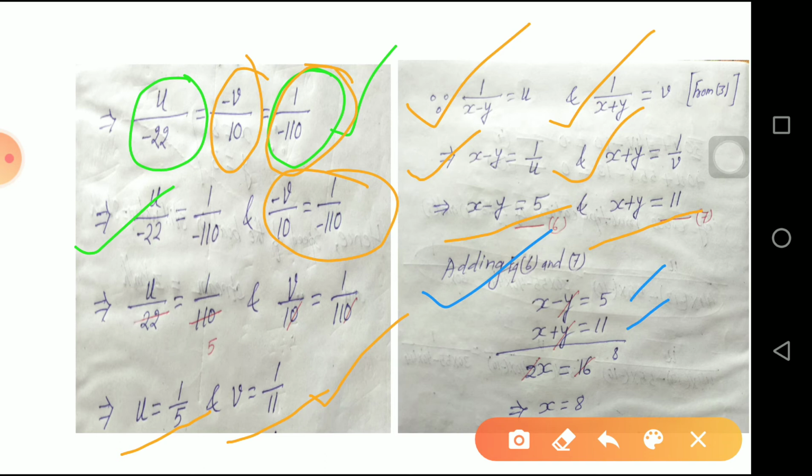Now this is which method? Elimination method. So eliminating y, we have 2x equal to 16. This implies x is equal to 8. Now if we put the value of x in any equation 6 or 7, then we will find the value of y.